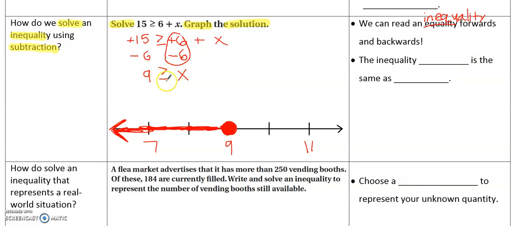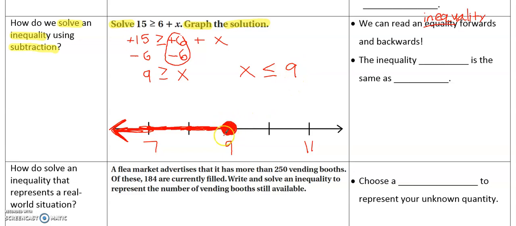Wait. 9 is greater than or equal to x. Could I swap x and 9? Could I? Well, what was Pac-Man deciding to eat? The 9, right? Not the x. Well, Pac-Man's still going to decide to eat the 9, not the x. So wait, these two inequalities must mean the same thing. 9 is greater than or equal to x must mean the same thing as x is less than or equal to 9.